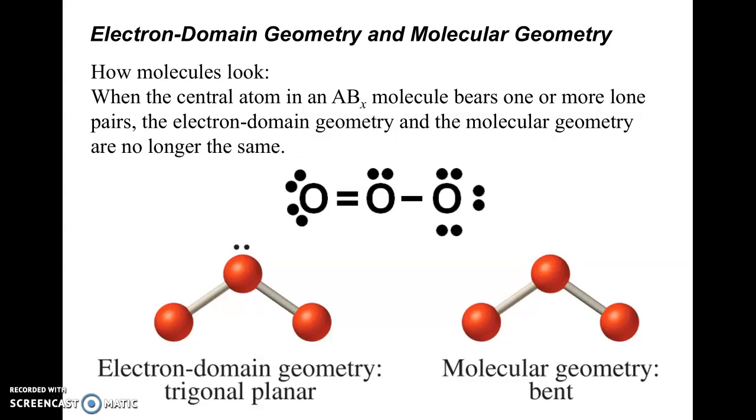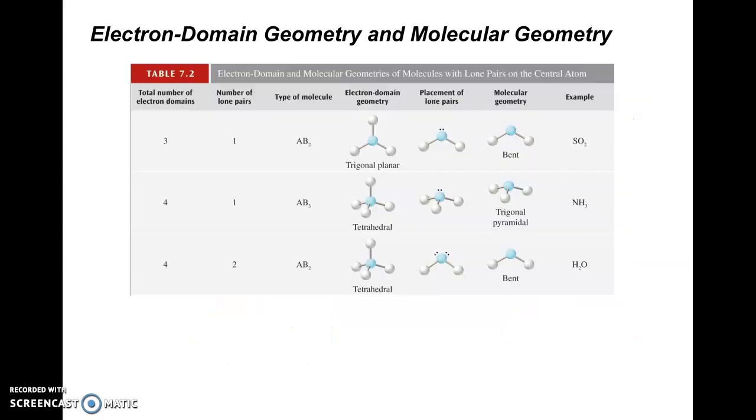And we call that a bent geometry because it looks like we took something linear and bent it down. And in fact, those electrons in the bonds have been pushed down. So I have a fairly big chart here.